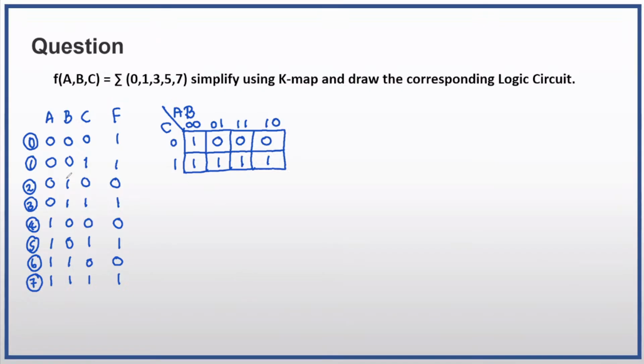And now you have to do the grouping. Now the grouping is a little easy here. So what you can do is group like this. You can only get two and two cells in this group. And there is also another group.